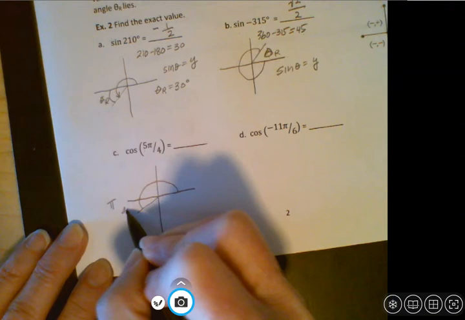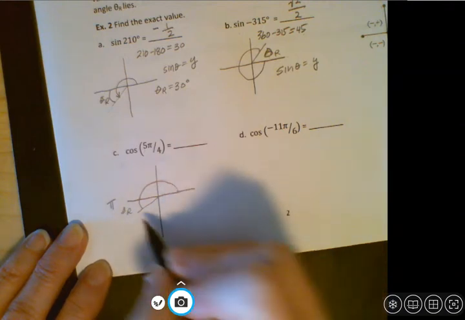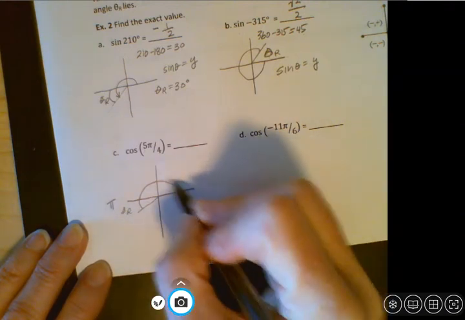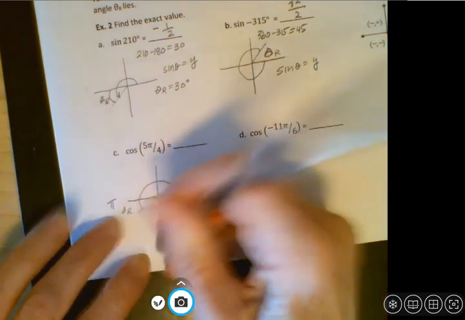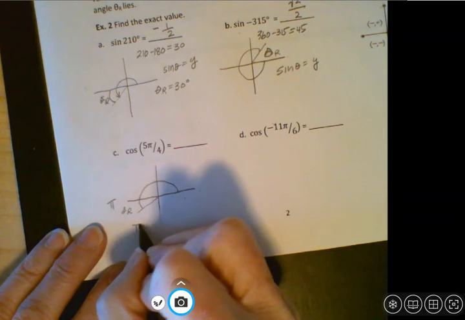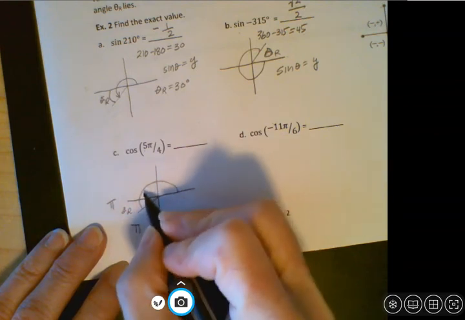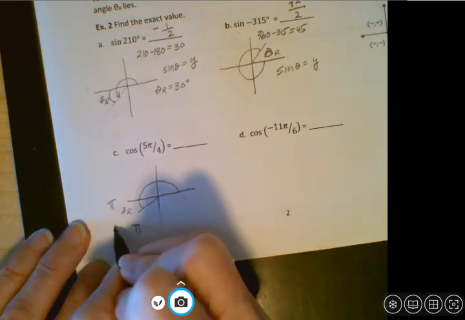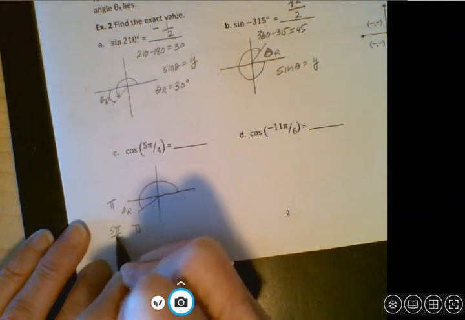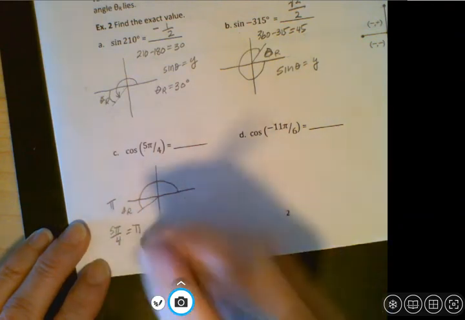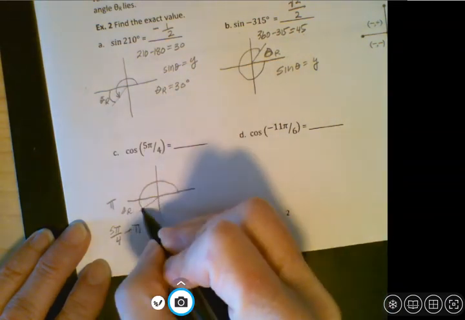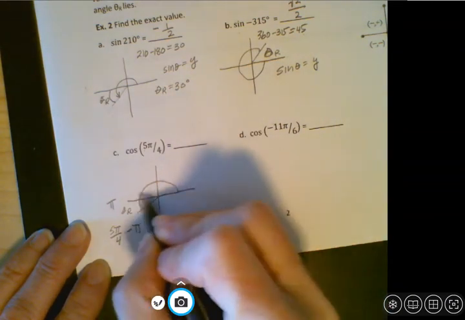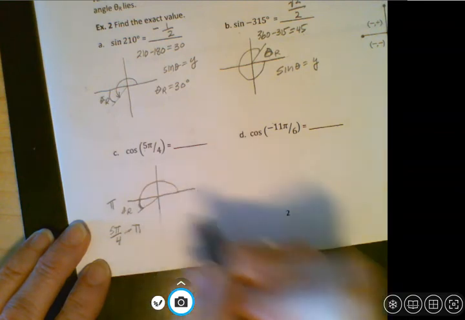What is my theta r? Theta r, what's left if I take 5 pi over 4, sorry, and subtract off pi, right? That's what's going to give me that little bit left there. This 5 pi over 4, subtract off the pi, and it'll tell me what this is.